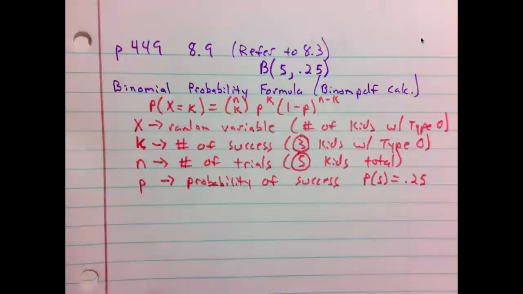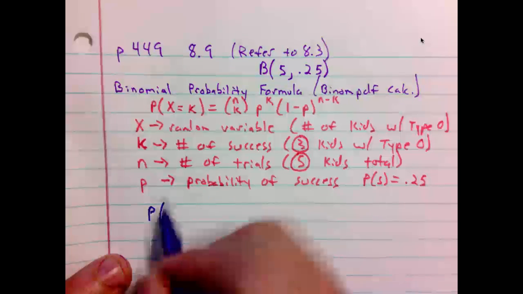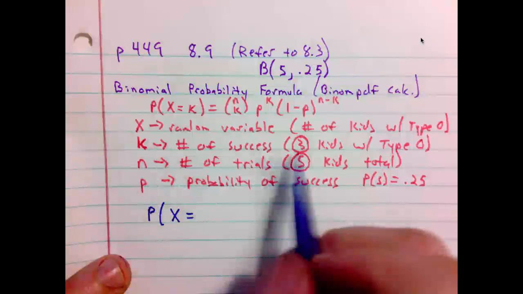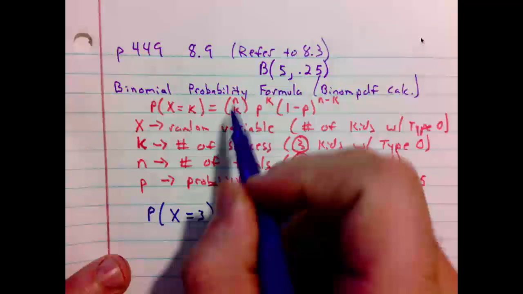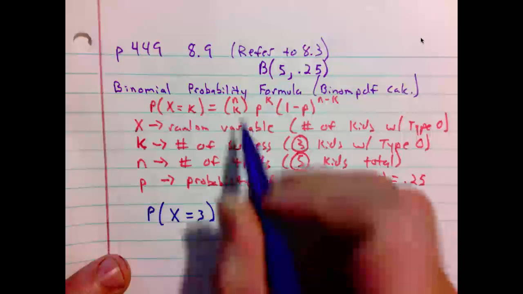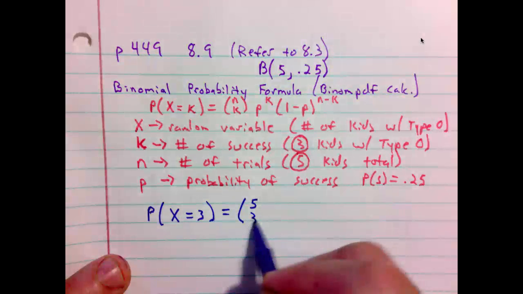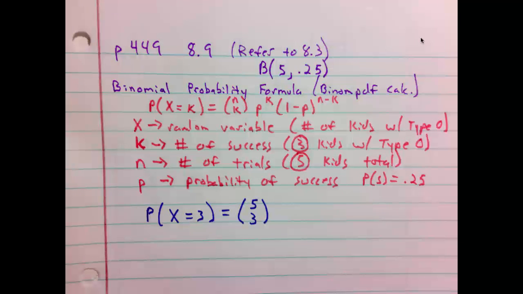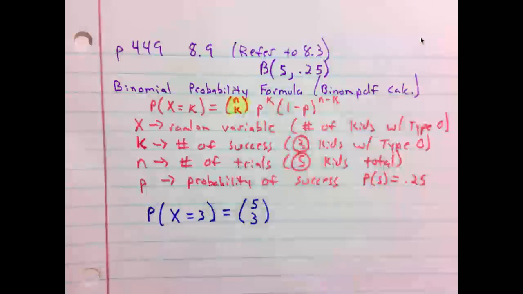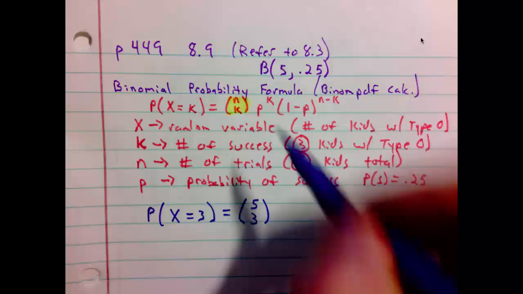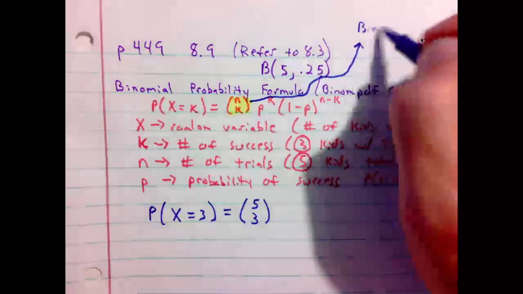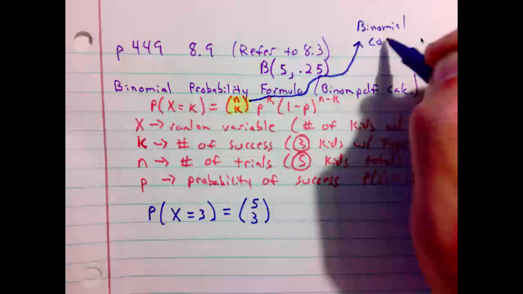So, capital P, our random variable X, we want to know the chance that X will be 3. n choose k, 5 is our n, k is 3. This 5 choose 3, this portion of the formula, is called the binomial coefficient.